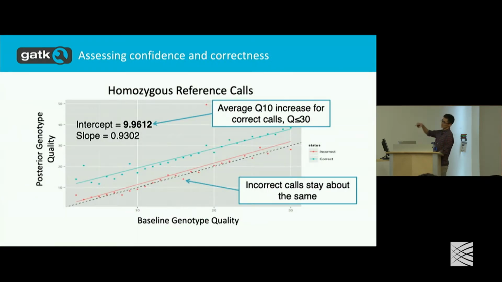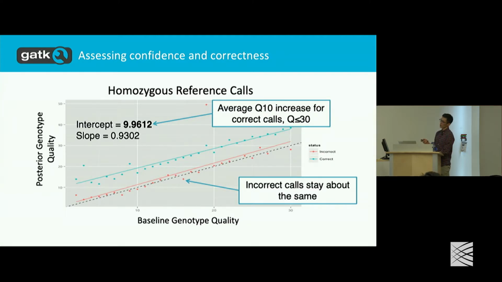Here we're looking at the same data, but in a different view. We're plotting on the x-axis the qualities output by the workflow prior to this step, this step being calculating genotype posteriors, and on the y-axis the qualities we get after. The red ones are the incorrect genotypes, and the blue ones are the correct genotypes.